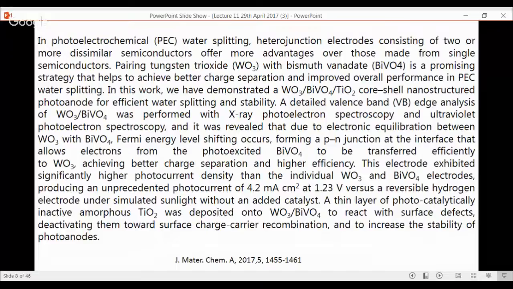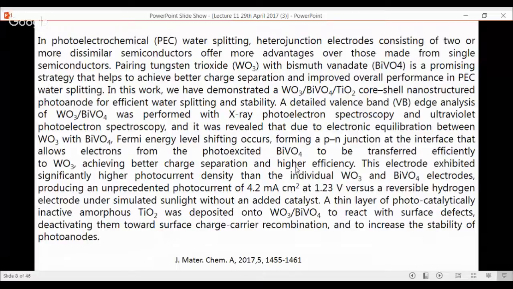A detailed valence band edge analysis of the WO3 bismuth vanadate was performed by X-ray photoelectron spectroscopy and ultraviolet photoelectron spectroscopy. It was revealed that due to electronic equilibration between WO3 and bismuth vanadate, Fermi energy level shifting occurs, forming a p-n junction at the interface that allows electrons from the photoexcited bismuth vanadate to be transferred efficiently to tungsten oxide, achieving better charge separation and higher efficiency.